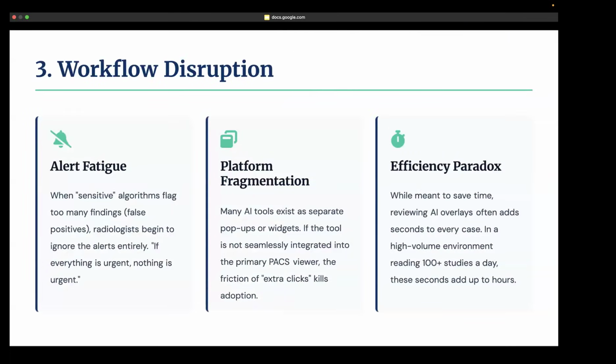And then workflow disruption. So this is basically talking about the issue with current AI systems in place. For example, platform fragmentation is a very important aspect that I wanted to talk about. When we use our tool to view our images, a lot of the AI tools are not integrated into the system.